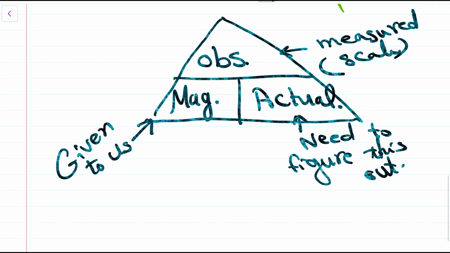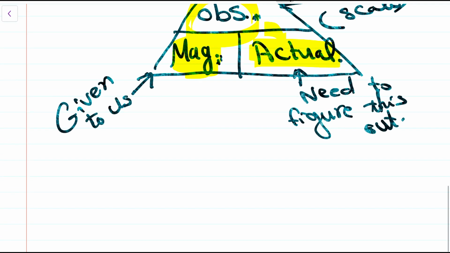Usually in this kind of question, you will have 2 points which are known, and one of them is unknown, and that's what he's asking about. So if he's asking about the actual one, you will have the observed over magnification to get the actual. If he is asking about the magnification, you will take the observed over actual, and so on. So using this triangle is very important.